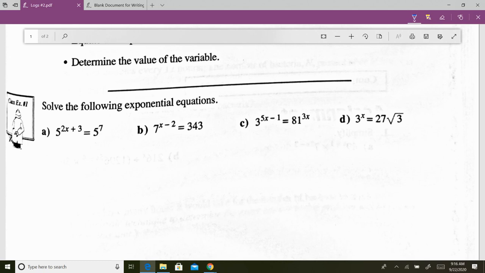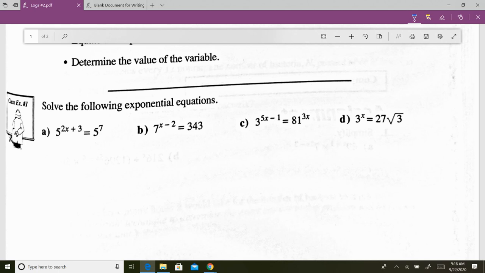You haven't done that yet. What we did yesterday and at the beginning of class was the variable in the base. We didn't have a variable in the exponent. When you have variables in the exponent, as you're going to see in lesson 3, these are called exponential functions. But we're going to start solving these.